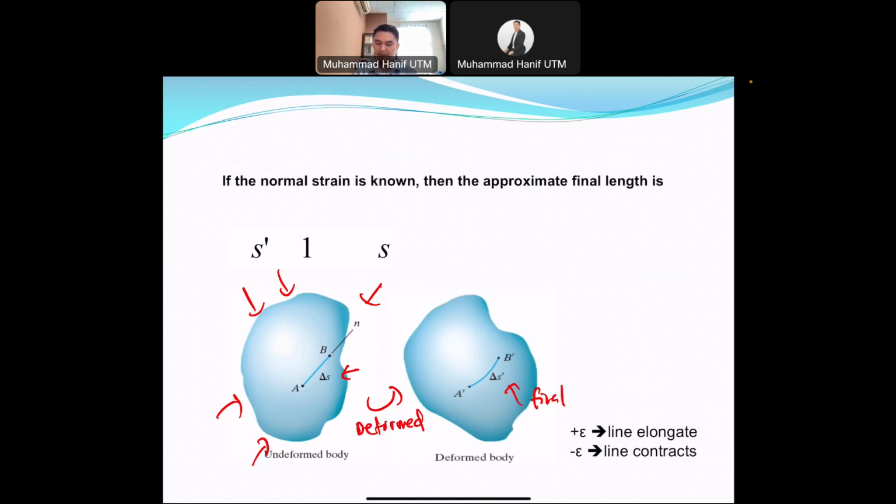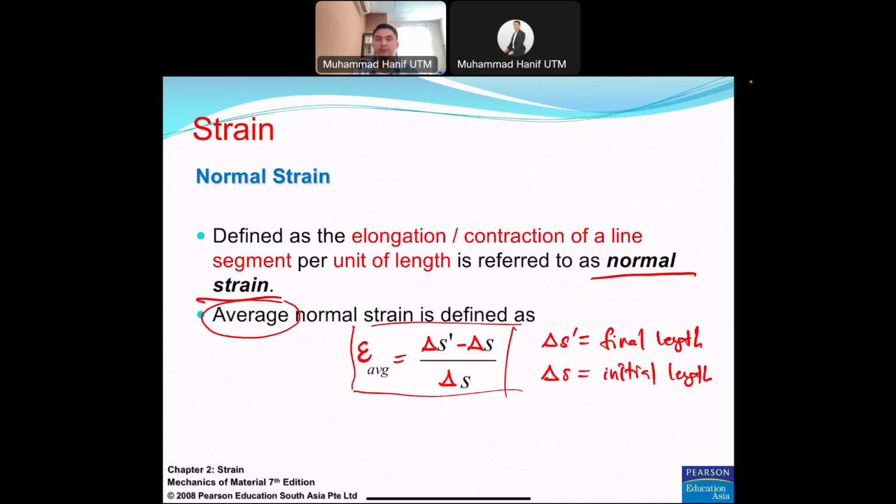This is the final length once we have the external forces acting on the body. This slide shows how to find delta S prime. It is a rearrangement of the initial equation, where you can use this equation to find the final length.